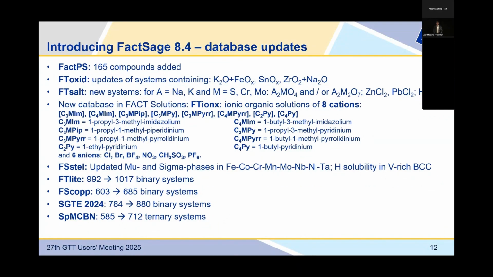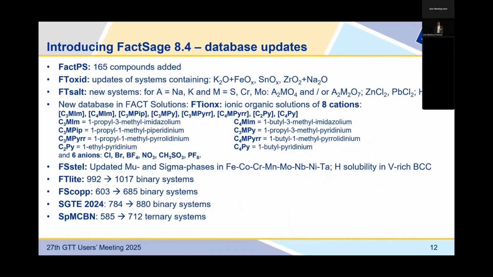And finally, the SpMCBN database. You can see I don't list binary systems but ternary systems, because this is a database on silicides, borides, carbides, nitrides. I think most of the binary systems are covered anyway. But then it's important to cover the ternary systems where you have 2 metals and one of carbon, nitrogen, boron, silicon, or 1 metal and 2 of the others.